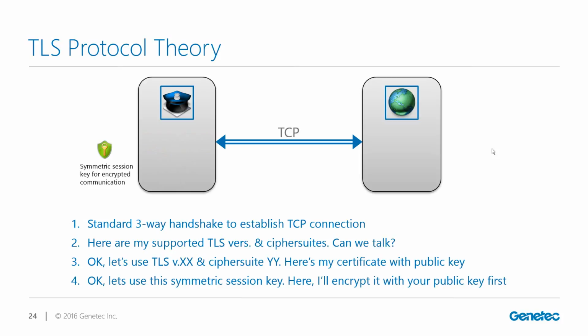And at this point, the client says, okay, here's the symmetric session key you want to use, and I'll encrypt it with your public key, which gets sent over and it's secure back to the directory. And then at this point, we have the secure communication with both of them using the same symmetric encryption key on both sides of the conversation. So hopefully that makes that pretty clear in terms of TLS and what's going on in the system.